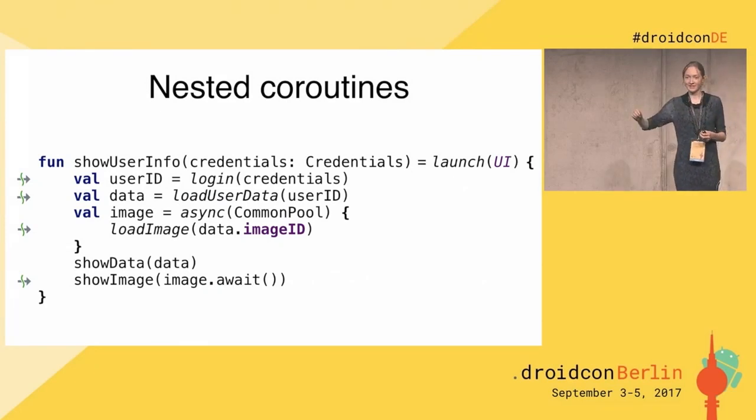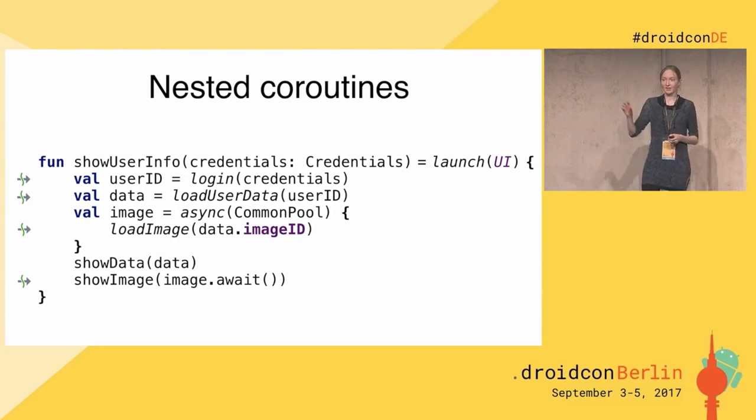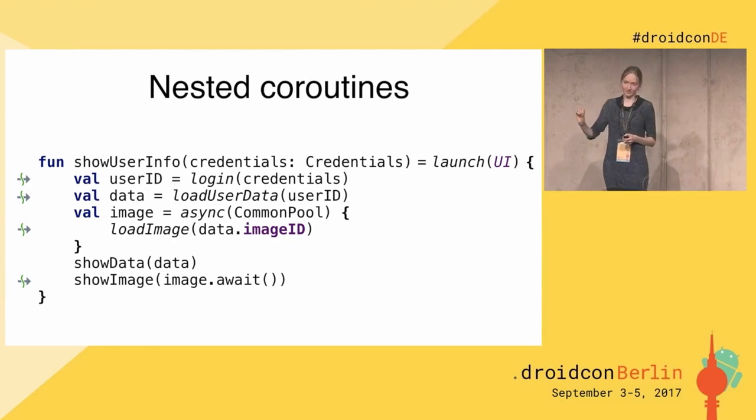You can declare nested coroutines, so you can start a coroutine inside another coroutine. So in this example, I start this launch, the first coroutine, in the UI thread, and then we have an async that starts another coroutine inside the first one.